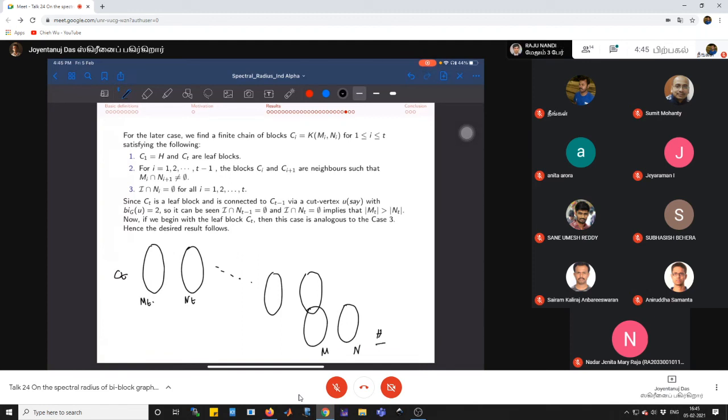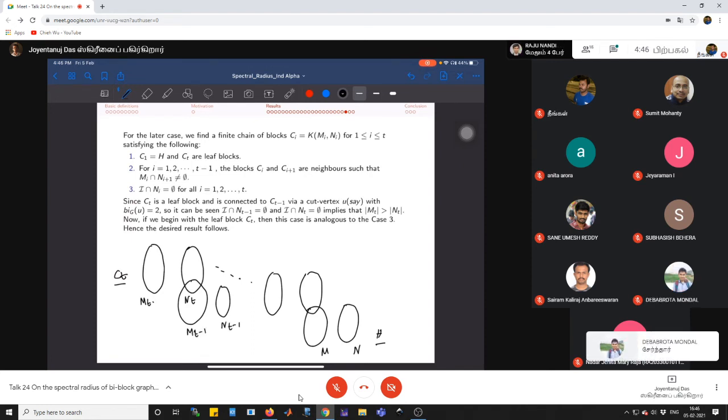So this is the chain. Both H and C_t are leaf blocks, and for i running from 1 to t minus 1, the blocks C_i and C_{i+1} are neighbors, with M_i intersection N_{i+1} is nonempty, and I intersection N_i is empty for all i running from 1 to t. Now, since C_t is a leaf block that is connected to C_{t-1}, you can draw C_{t-1} here, with M_{t-1} and N_{t-1}.